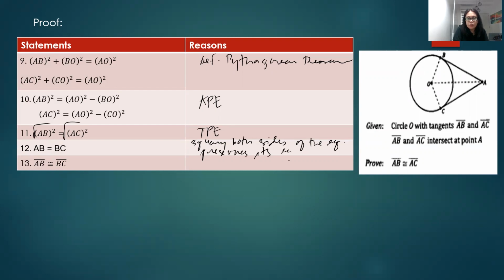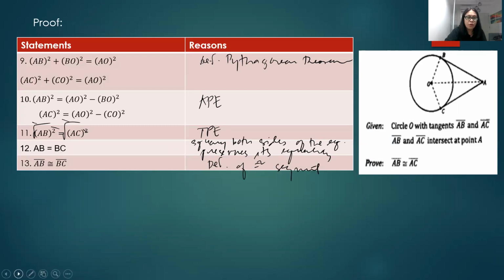Meaning, as we extract the square root of both sides, the value will remain the same in AB equals BC. Now, since AB and BC are of equal length, then we can say that line segment AB is congruent to line segment BC, and this is about the definition of congruent segments.